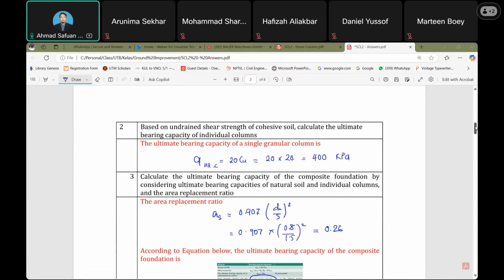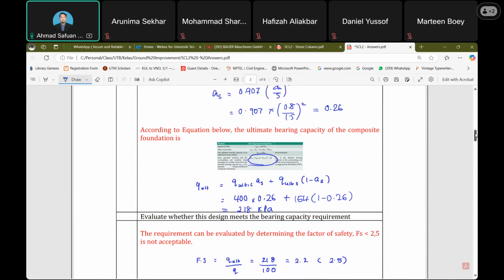Then we use the equation for the ultimate bearing capacity of composite foundations. The 20 times Cu is for the individual stone column. When we deal with a composite, we need the whole equation for the soil and also for the column.